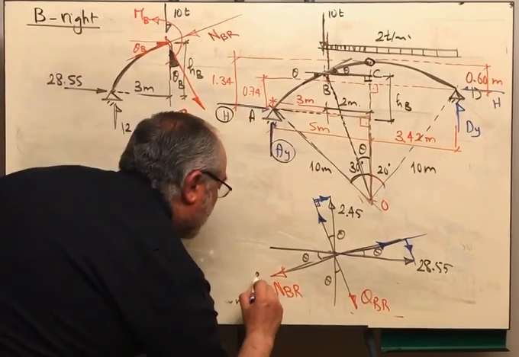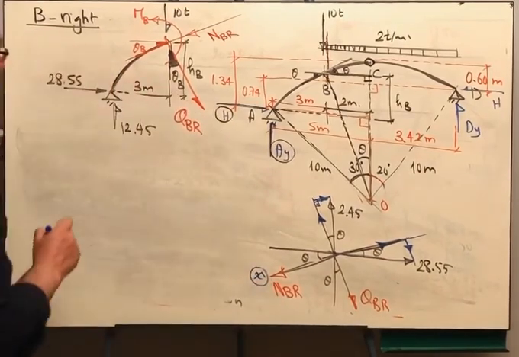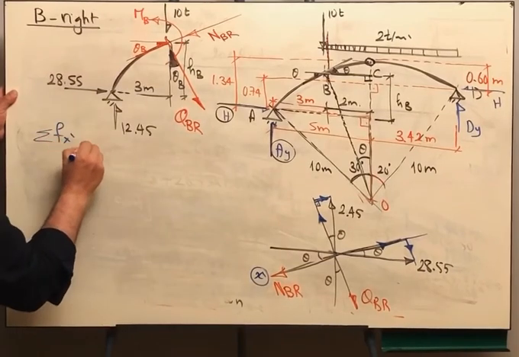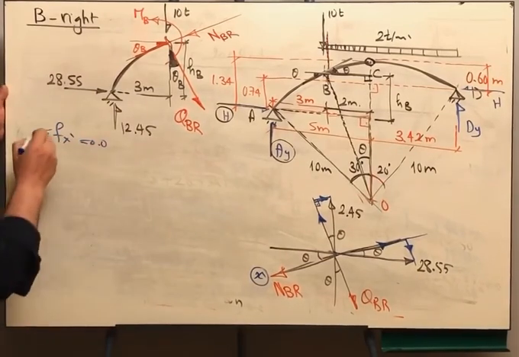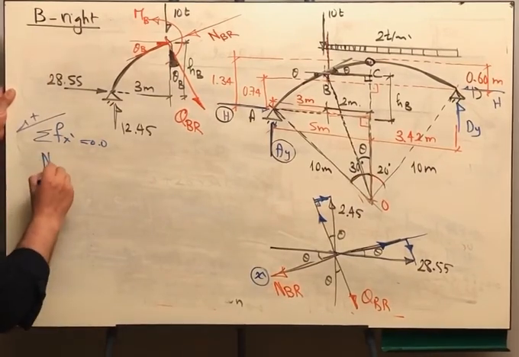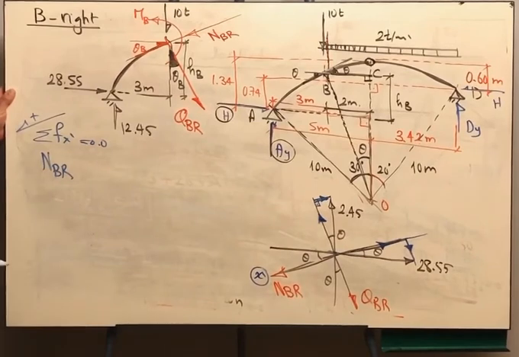So let us say here we are going to take summation of forces. If this is the x prime direction, so I will take the summation of forces in the x prime direction is equal to 0, and this is the positive direction. Then I have NB right.